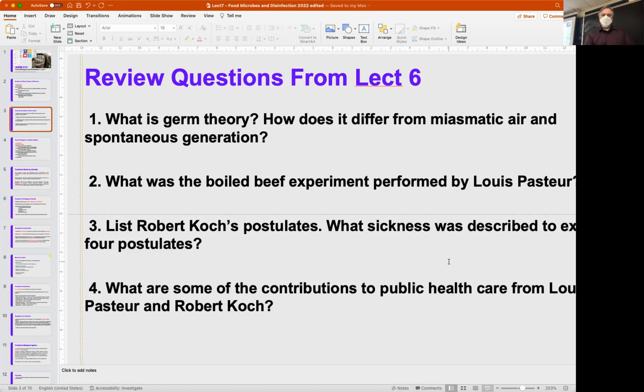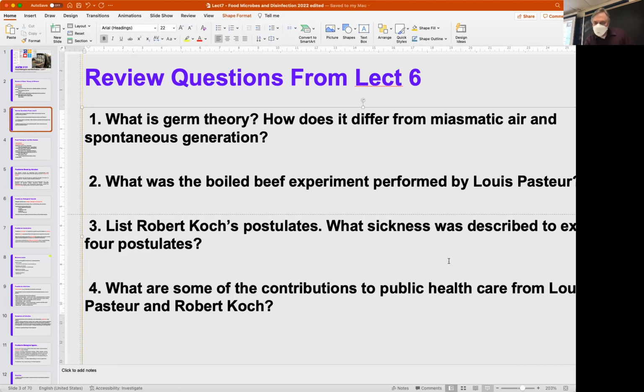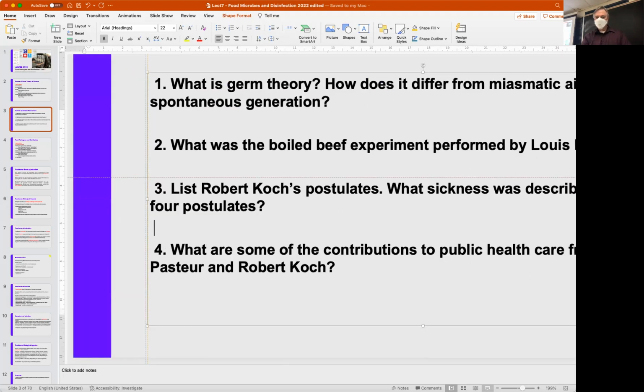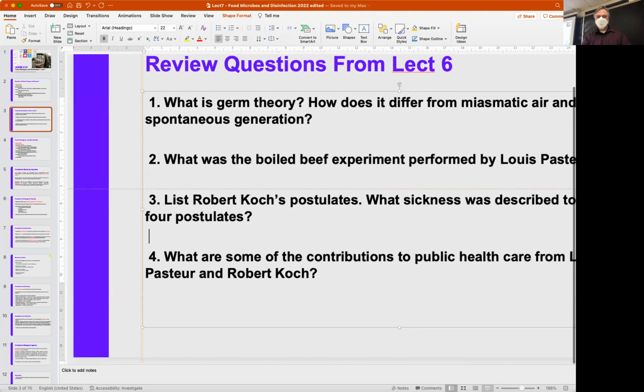I'm going to say list Koch's postulates next. What sickness was described to explain Koch's postulates? Can you see that?